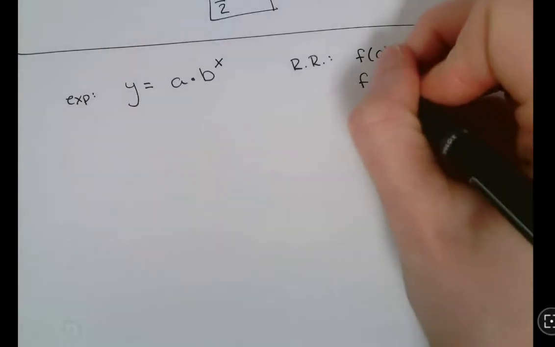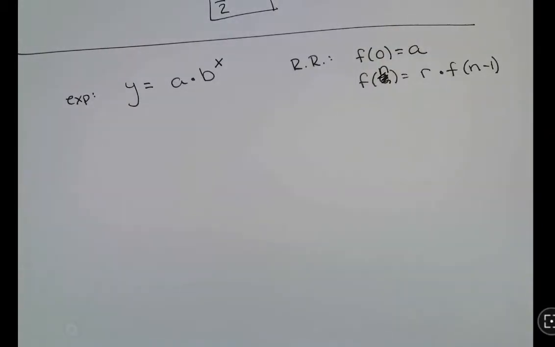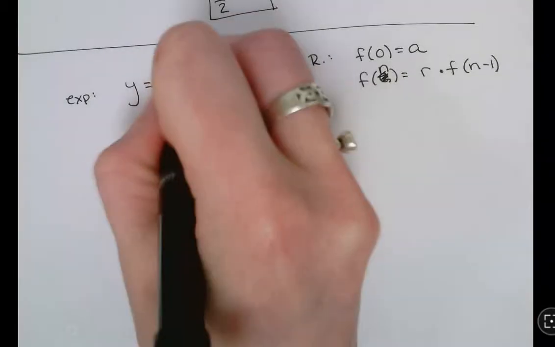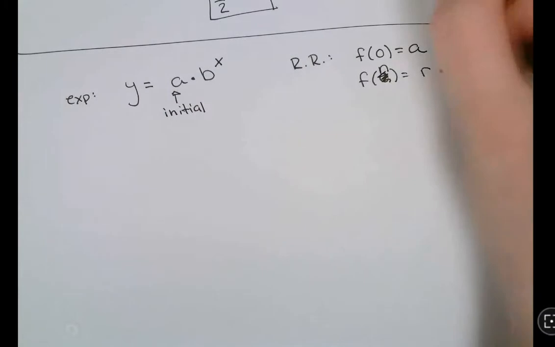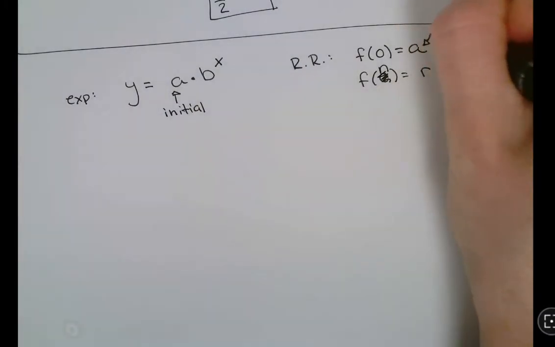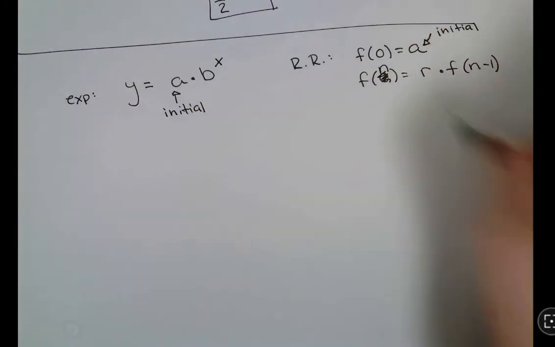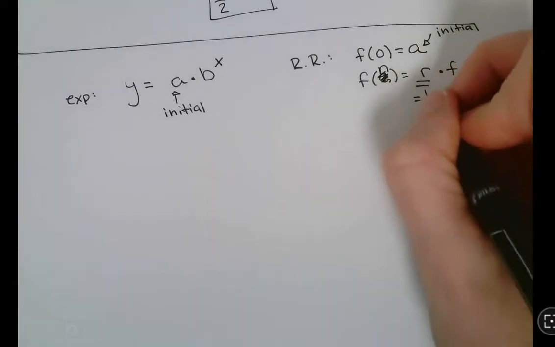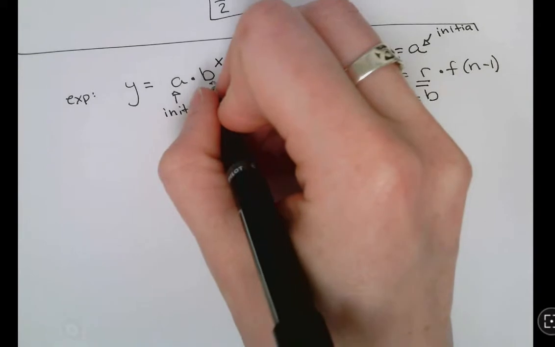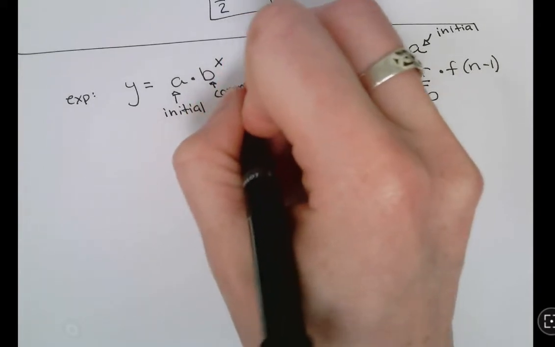Sorry, this should have been an n here. This right here is your initial value, so that's why it's here as well. Now your rate is actually just your b value. So this is your common ratio.